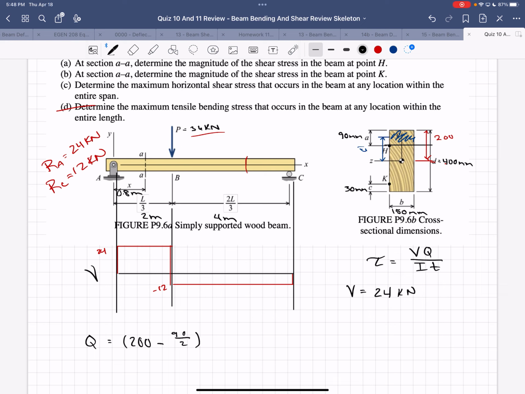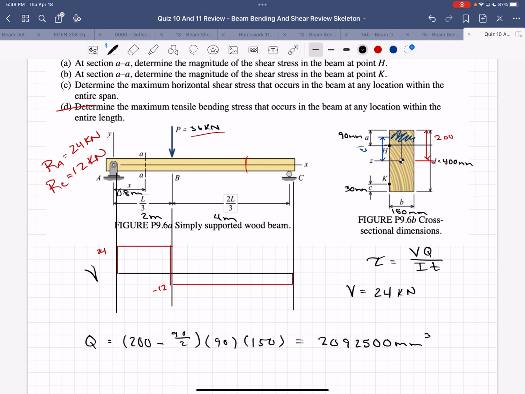What's the area? 90 times 150. Okay, so we get Q equals a giant number. Millimeters are annoying. The numbers are so big. 2092500 millimeters cubed. That means I is going to be huge.